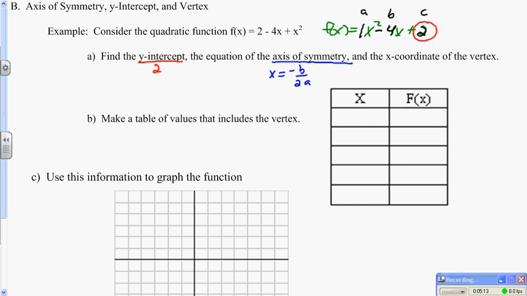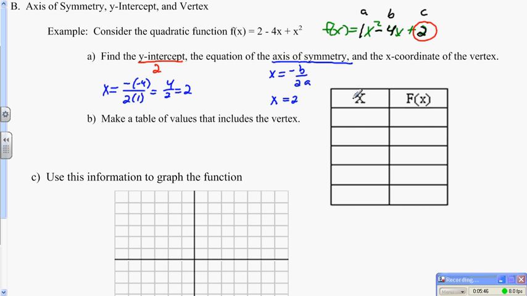And we must keep the signs with them. With that in mind, our axis of symmetry would be -b, which is -4, over 2 times a, which is 1. This will give us a +4/2, in other words, 2. So our axis of symmetry is x equals 2.